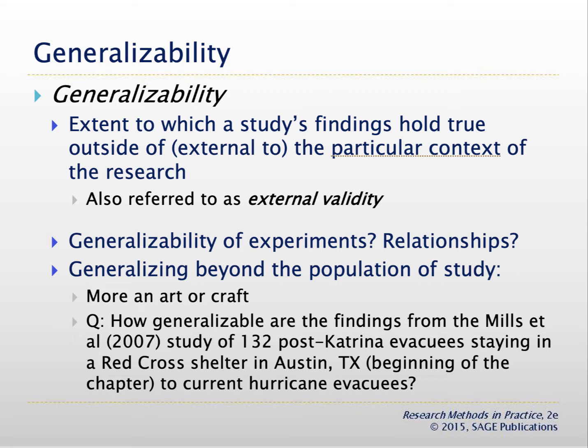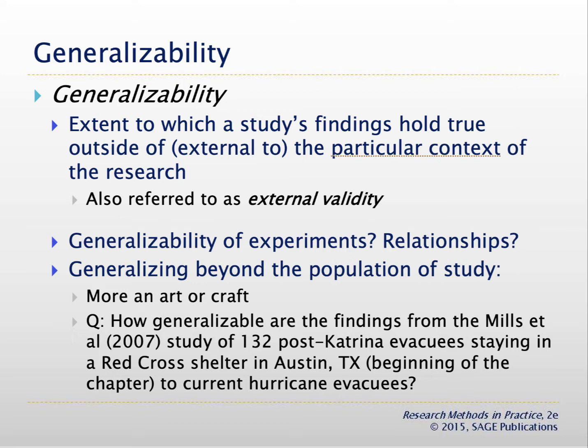So generalizing beyond the population of a study is a little bit more of an art or a craft than a science, not as technical as like the random sampling or the complex survey sampling we're going to get. You really have to think about it, and we'll be practicing a lot.